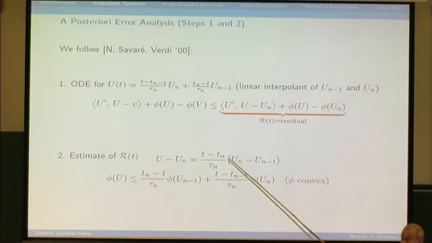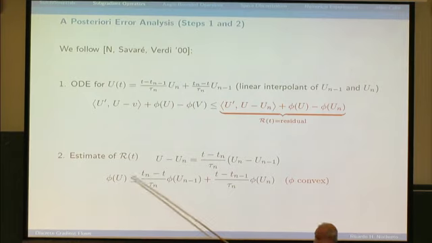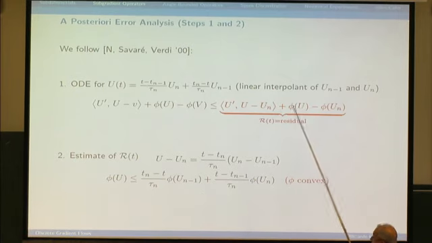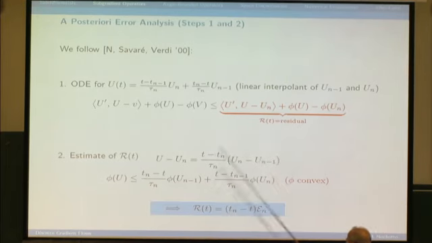So the remedy to account for the lack of smoothness is convexity, and so I'm going to replace the phi, because of convexity, by the values at the ends, u_{n-1} and u_n. No regularity involved. So that is an estimate for the phi here. Then you put it together, bring it here, collect powers of t, and you get that R(t) is (t_n - t), so it's order tau_n, times the E_n, the energy dissipation that I mentioned earlier.